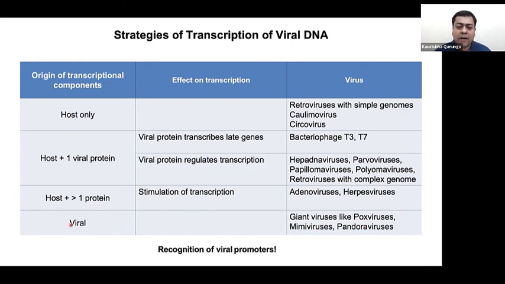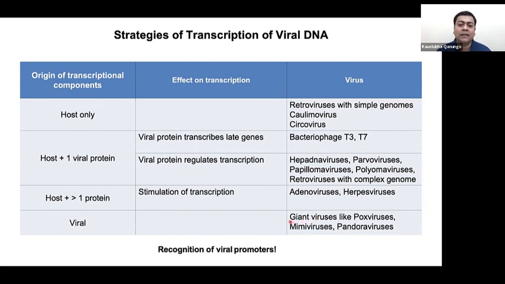As the giant viruses produce all their transcription factors by themselves, these poxviruses and giant viruses can replicate in the cytoplasm by themselves. They also synthesize their own RNA polymerase.